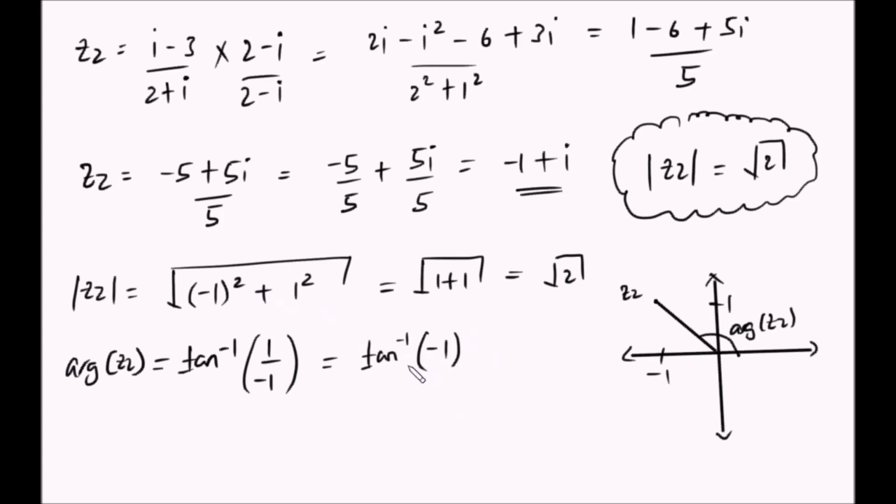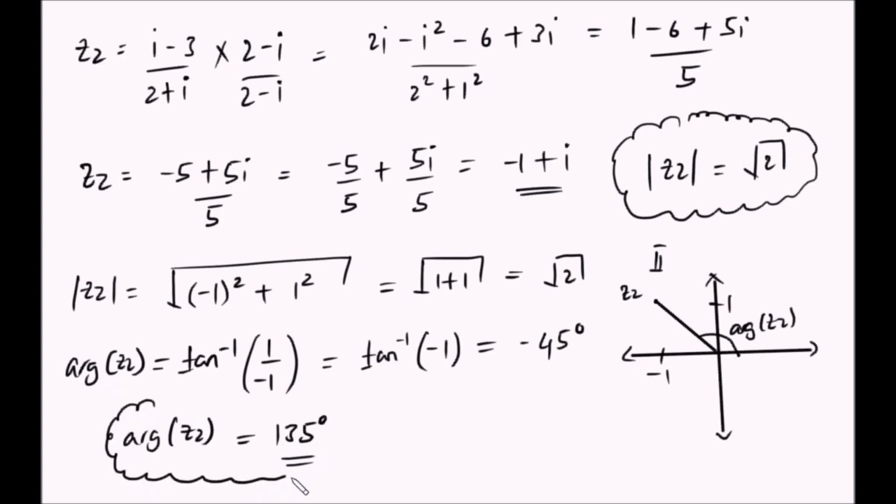If you use your calculator here, tan inverse of -1 is -45 degrees, which is just the same as 135 degrees, because to convert this negative into positive, you just add 180. So 135 degrees lies in this second quadrant. So this is the argument of z2. So the argument of z2 is 135 degrees, and the modulus of z2 is the square root of 2.